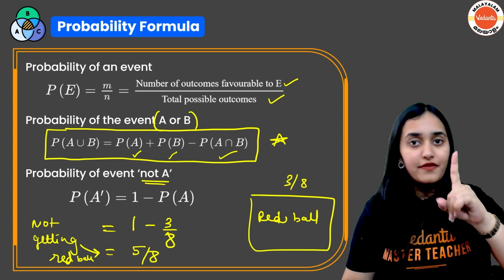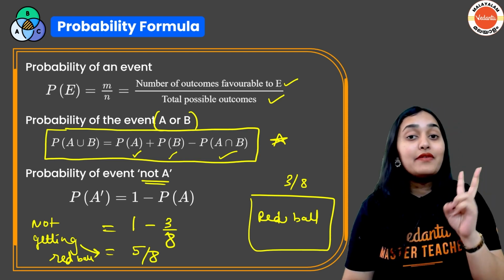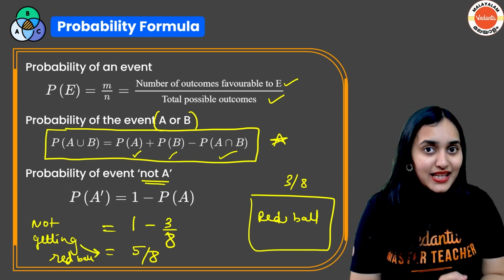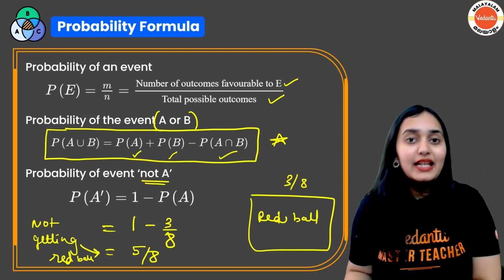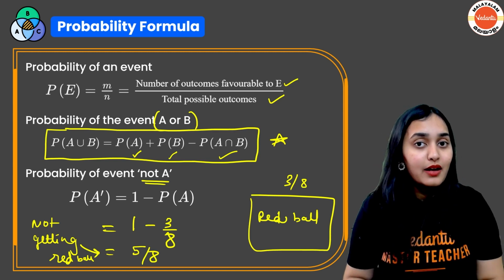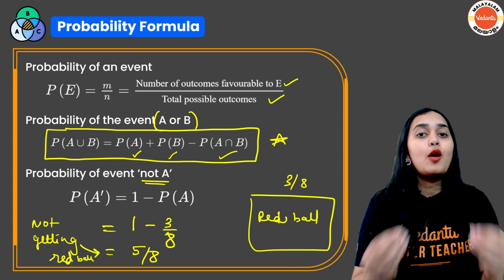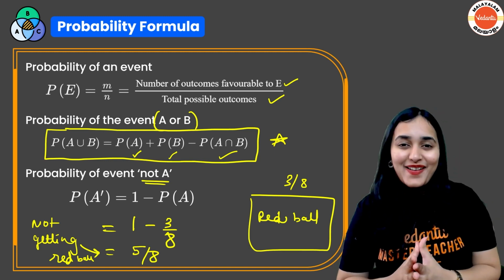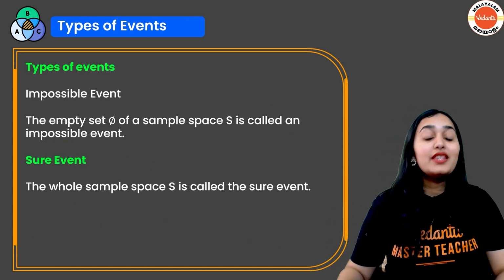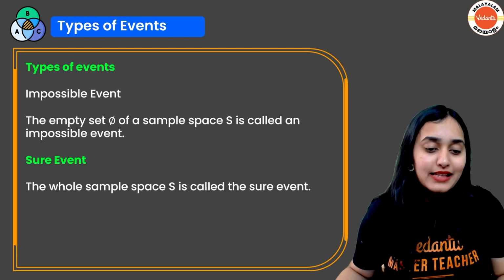So we will learn about different types of events. Then we will learn about Bayes theorem, total probability and multiplication theorem, because these theorems are highly used in solving some complex problems. Alright, so let's first start with the different types of events that we have.